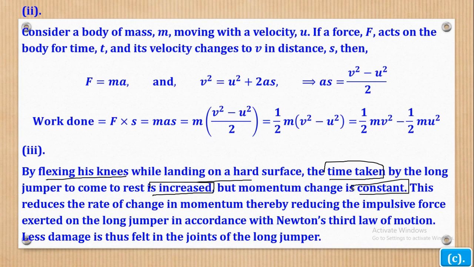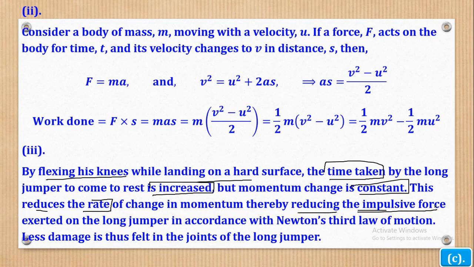Because the velocities have remained constant, the velocity before he lands and the velocity after landing have remained constant, so momentum change has remained constant. This reduces the rate, know this word rate of change of momentum, thereby reducing the impulsive force.